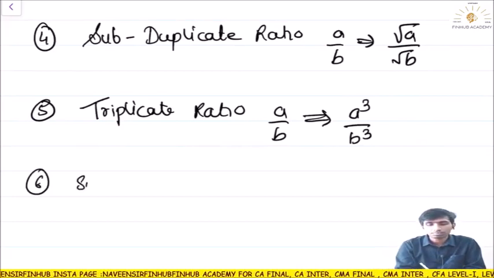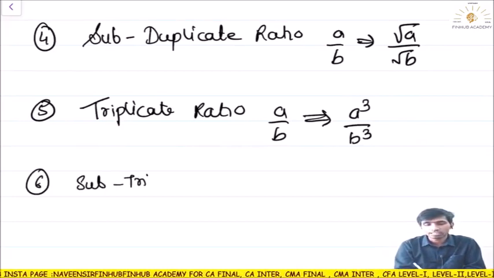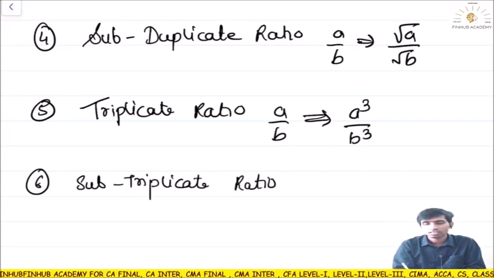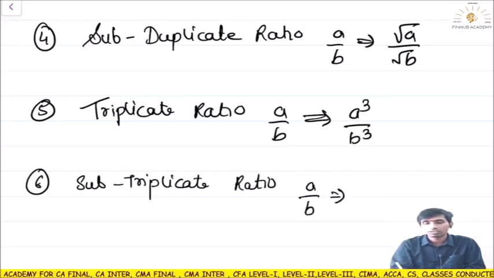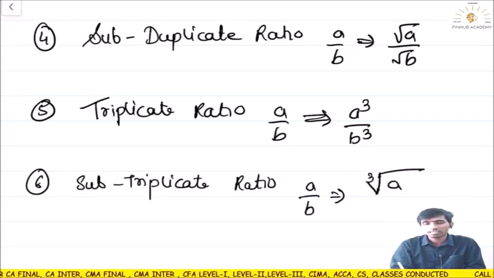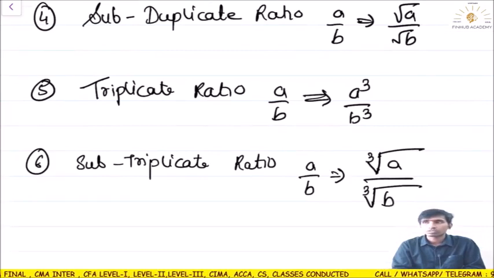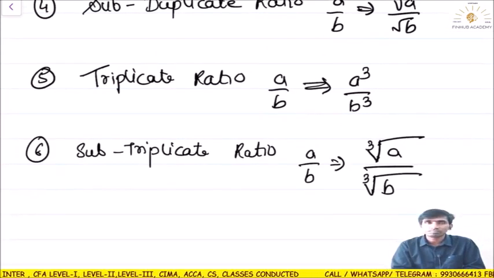Next, subtriplicate. Tell me logically, what will be subtriplicate? A by b will be cube root of a by cube root of b. Very good.